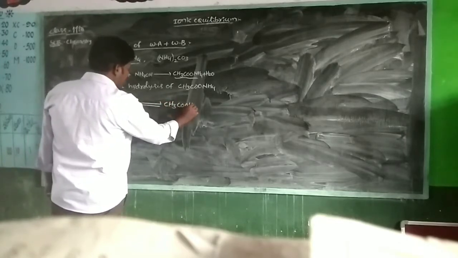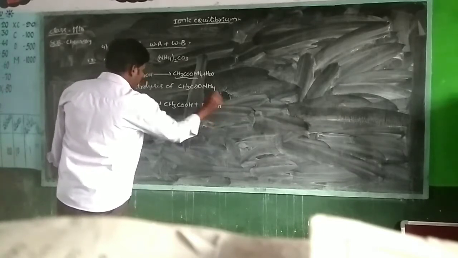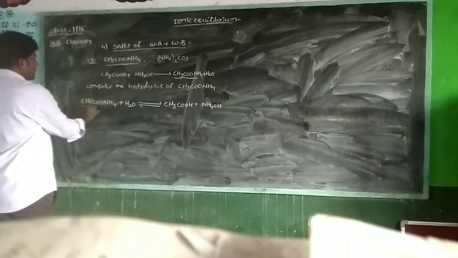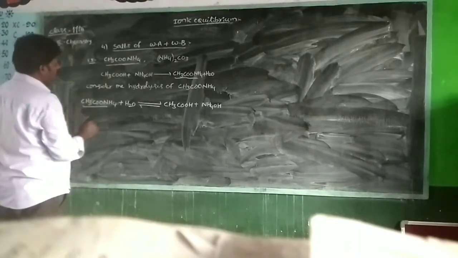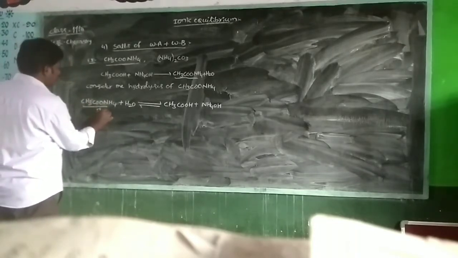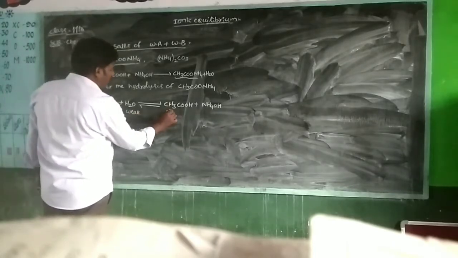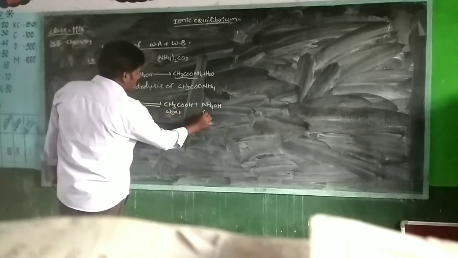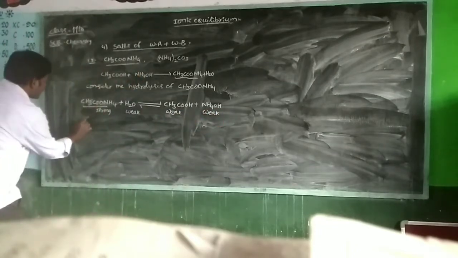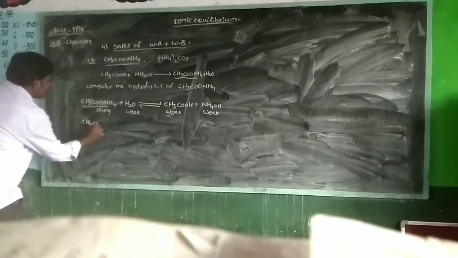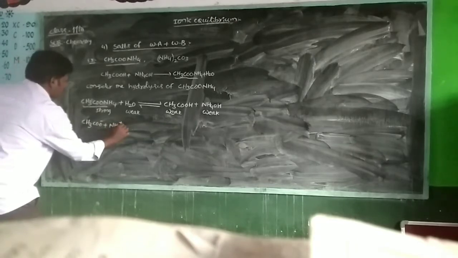Like CH3COOH plus NH4OH. CH3COONH4 is a strong electrolyte, while CH3COOH and NH4OH are weak electrolytes. Listen, as a strong electrolyte you can write the ionized form, CH3COO minus and NH4 plus.